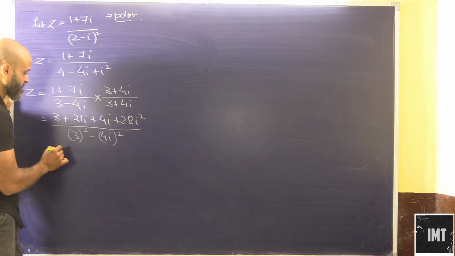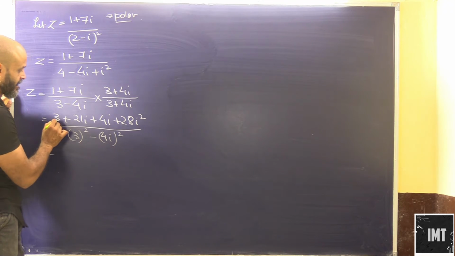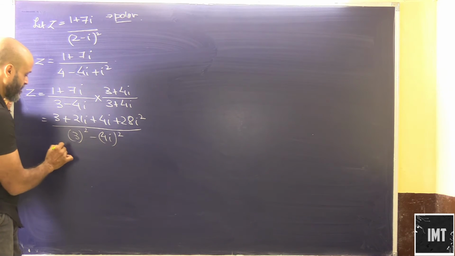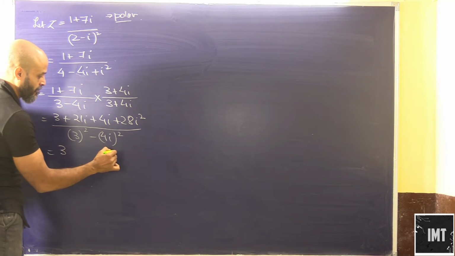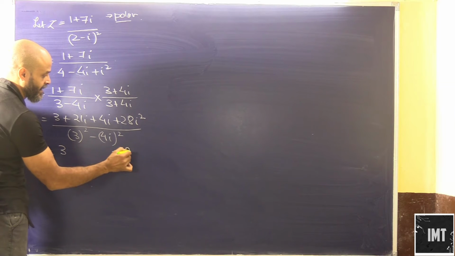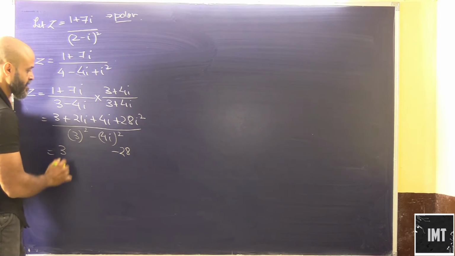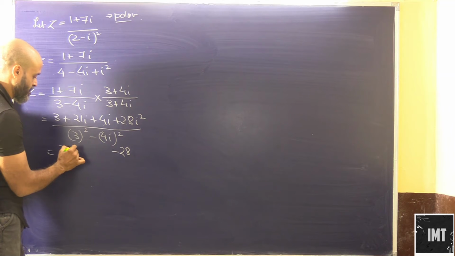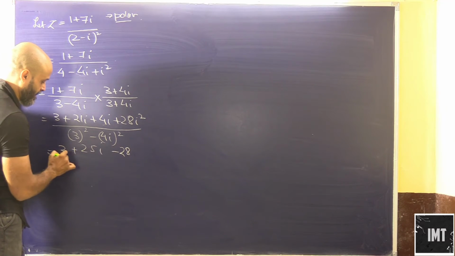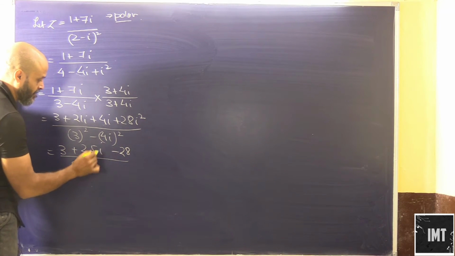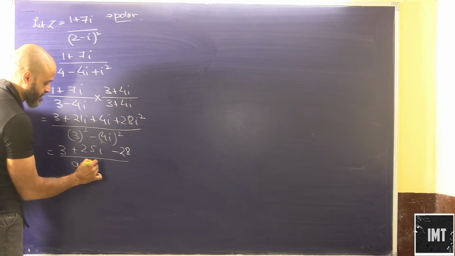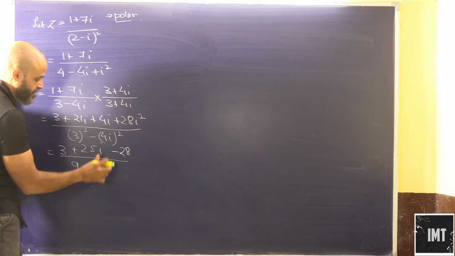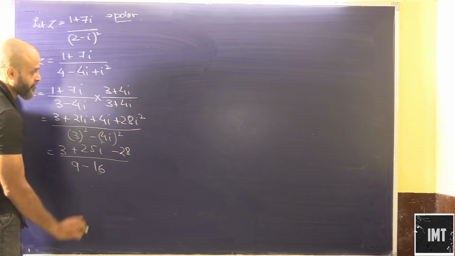So this will be how much? 3 plus, this will be minus 28, right? Minus 28, and here we have 21i plus 4i. So that will be 25i upon 9 minus 16.